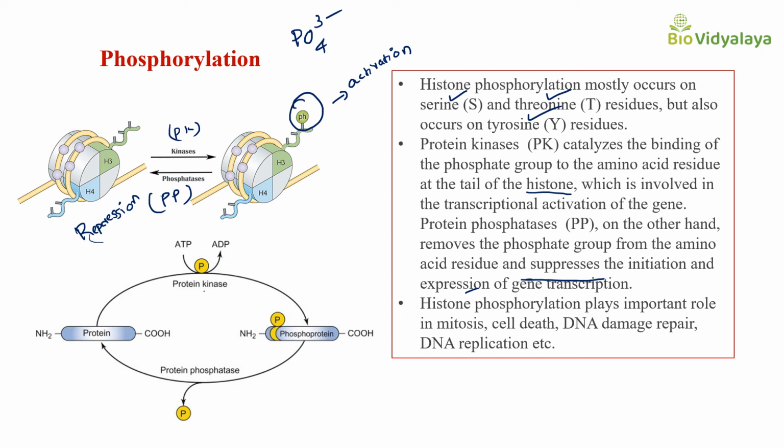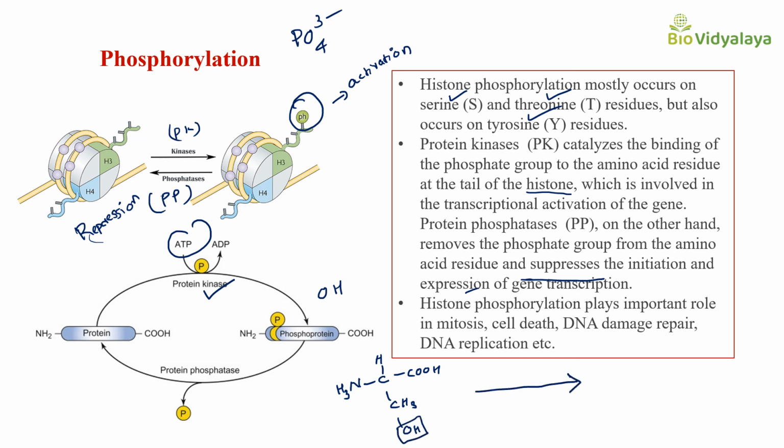So the enzyme protein kinase will transfer phosphate group from ATP to the hydroxyl group of the target amino acid like serine, threonine and tyrosine. Here I will draw the structure of serine. Here NH3, CH3 and here hydroxyl group. Okay.